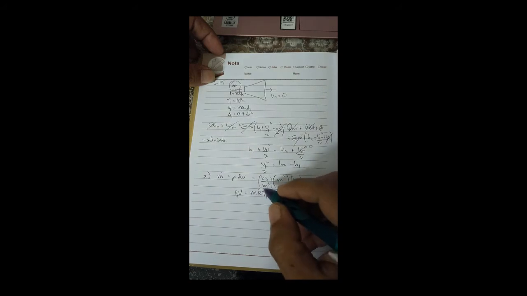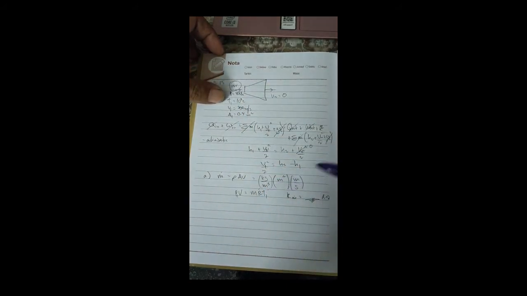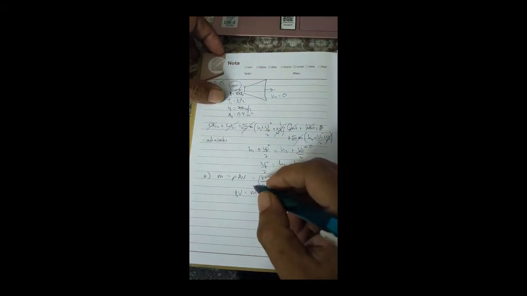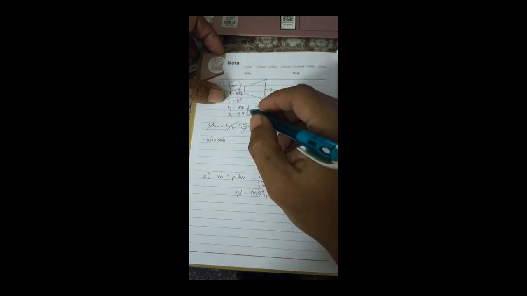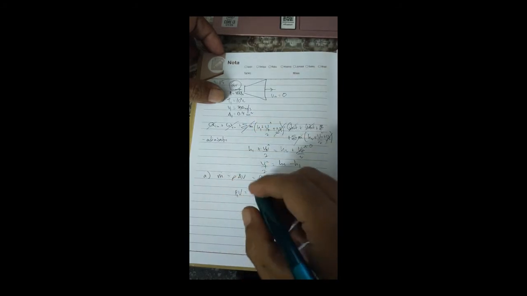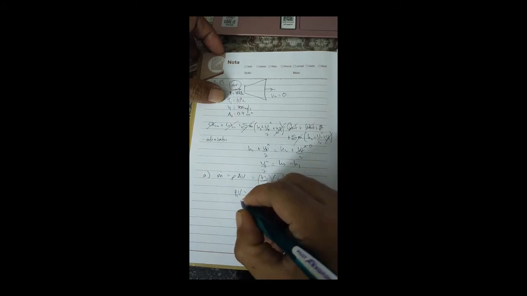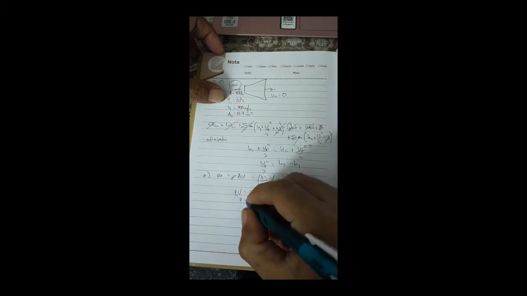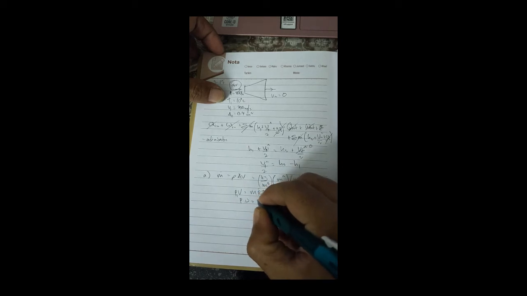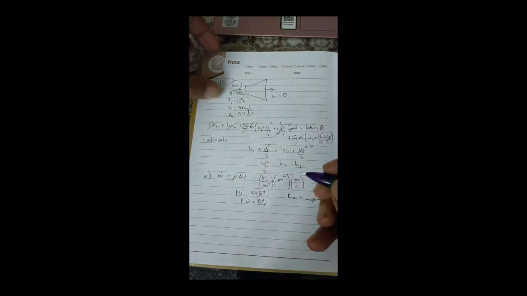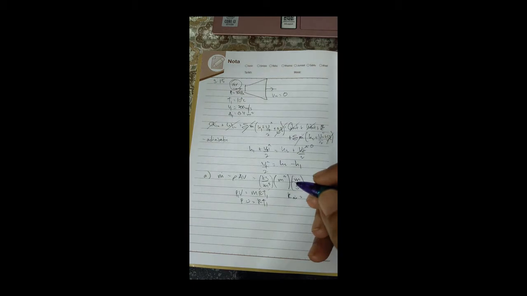T1 is given directly. Mass we don't have, and volume also we don't have, so we work with PV in terms of specific volume and RT1.